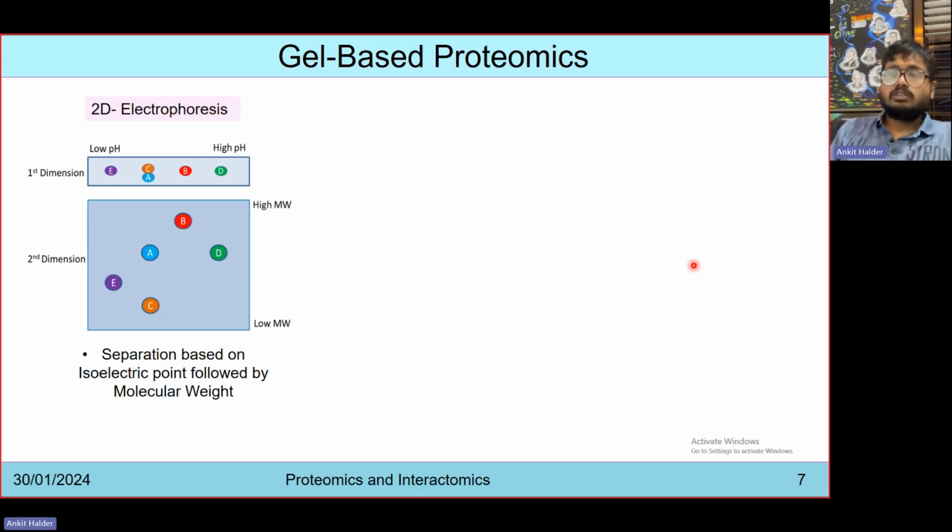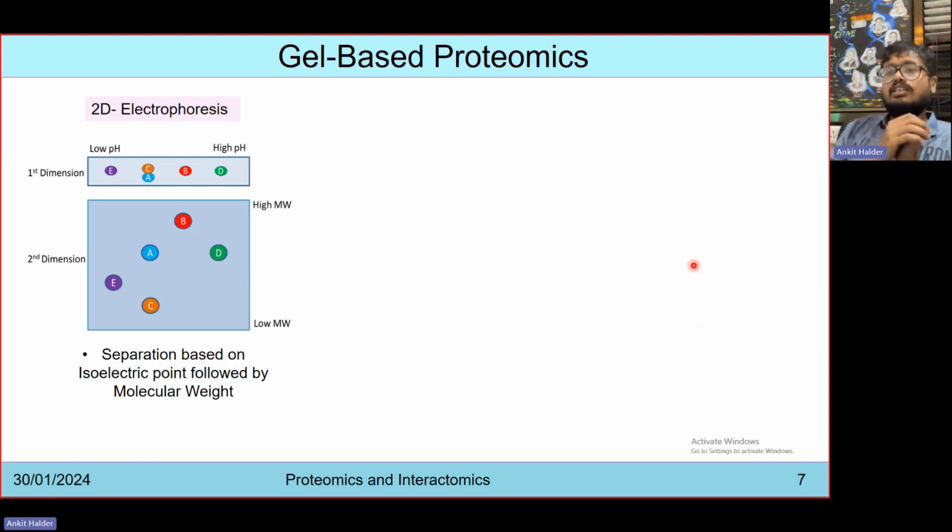The proteins were first run on an IPG strip, which has a pH gradient or pH range, so that the proteins first get divided by their isoelectric point, because at the isoelectric point the net charge of the protein will be zero and the proteins won't move. Once the proteins are fixed at a particular position in the first dimension on the IPG strip, they are then resolved by molecular weight.